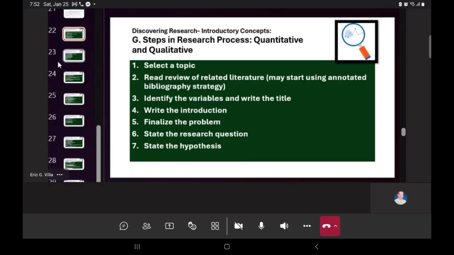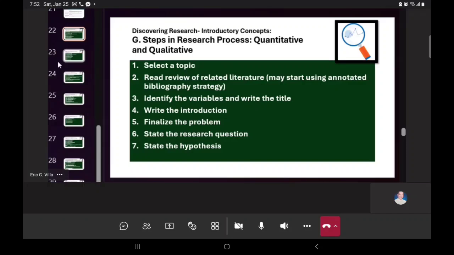A well-chosen topic addresses a significant knowledge gap while remaining manageable within available resources and time constraints. The topic must align with the researcher's capabilities and academic or professional interests.